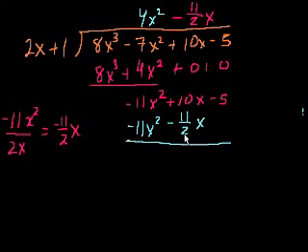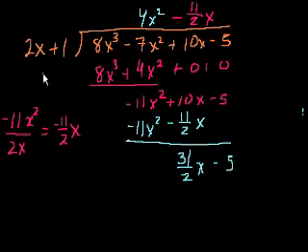If you're subtracting a negative number, it's like adding a positive number, right? So you could view this as 10 plus 11 halves, that's 20 halves plus 11 halves, that's 31 halves, or 15.5. I'll just write 31 over 2 x. And then there was a 0 here, and when you subtract 0 from minus 5, you get minus 5.